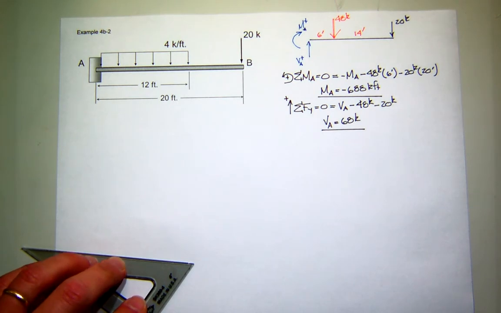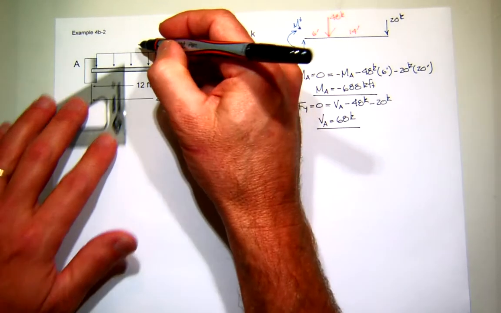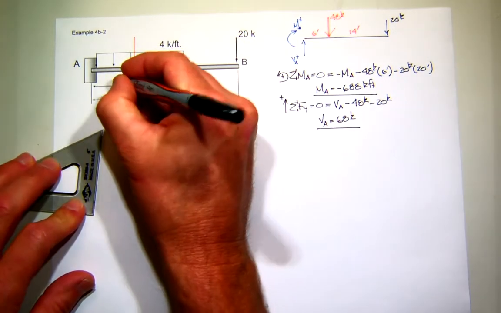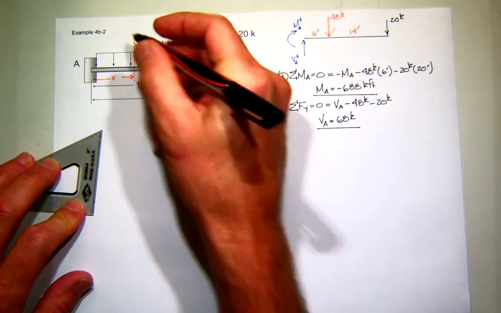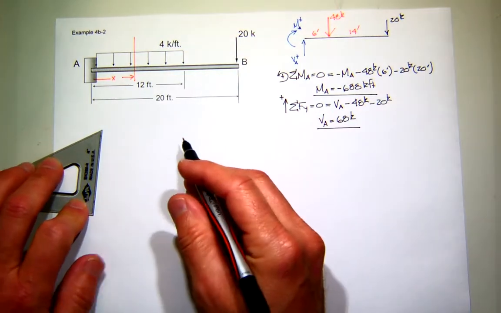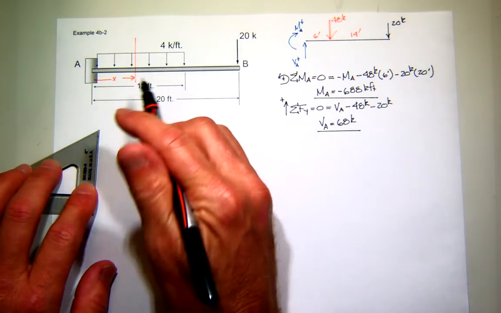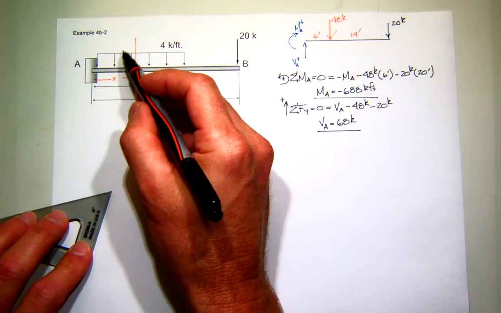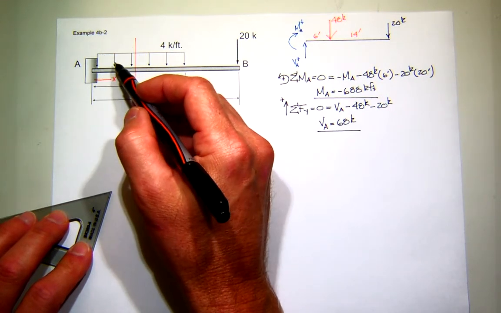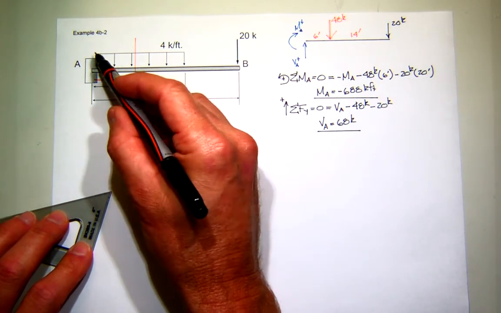Okay, so let's come over here and we want to cut the structure at some distance x, and you want to work the left side or the right side. You can do either. I feel the left side is going to be a little less demanding of you. The load is consistent.